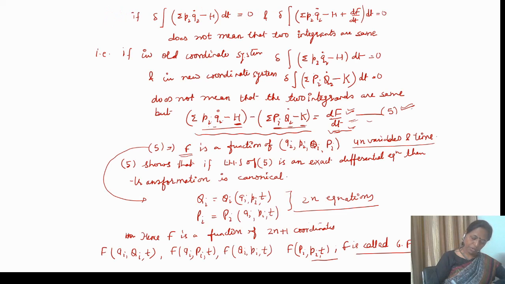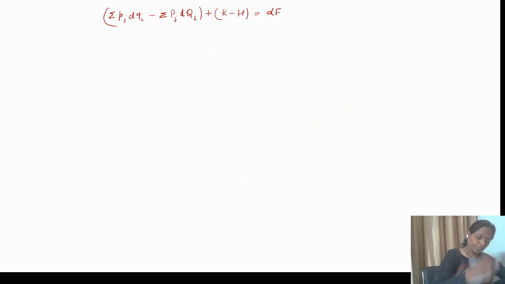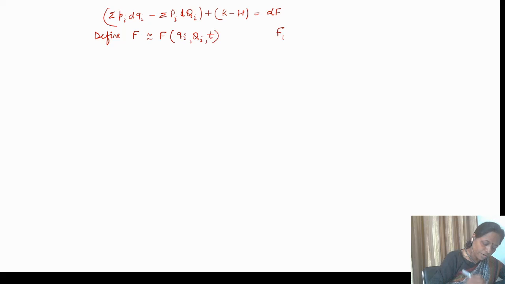This is our fifth equation. So I have written this k and h together. And define f as a function of qi, then capital Qi and time. This is called f1, its standard name is f1.